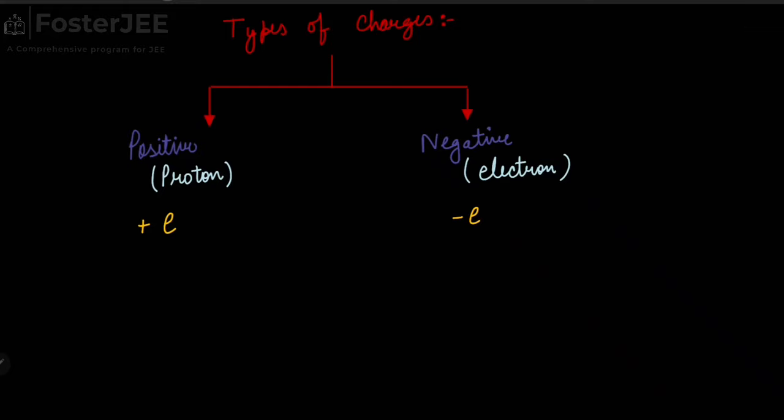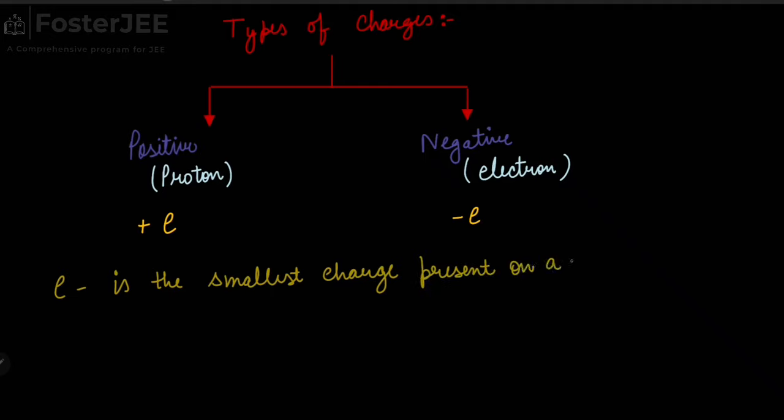Now what is e? e is the smallest charge present on a matter. That is, it is the smallest charge that a matter can possess. In other words, no charge can be lesser than e. Now, what is the value of e?